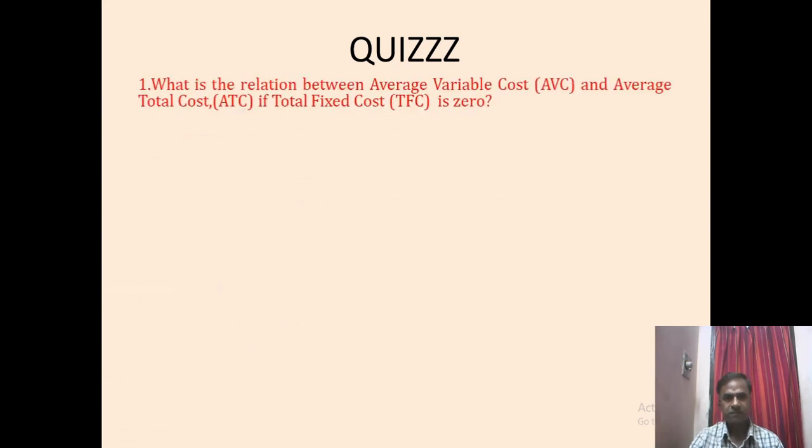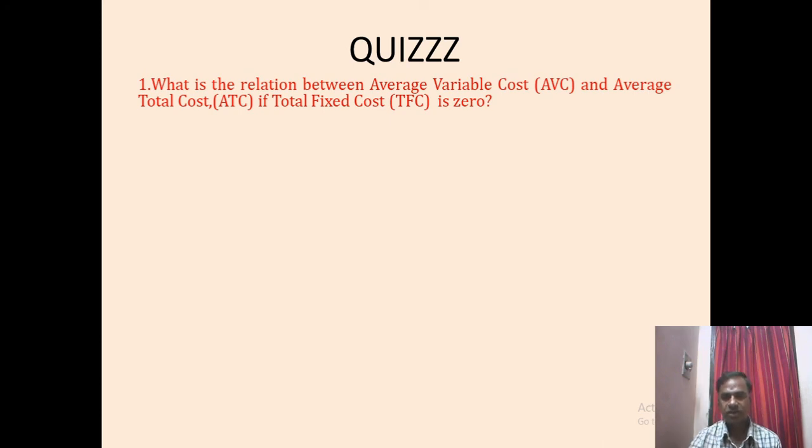So let us see. What is the relation between average variable cost and average total cost if total fixed cost is 0? If the total fixed cost is 0, average fixed cost will also be 0.